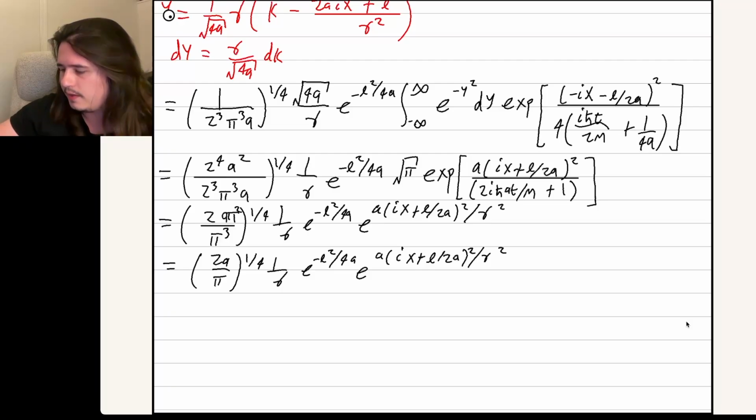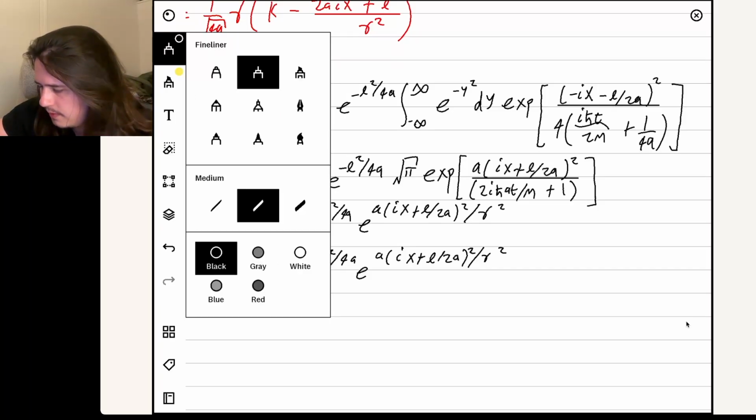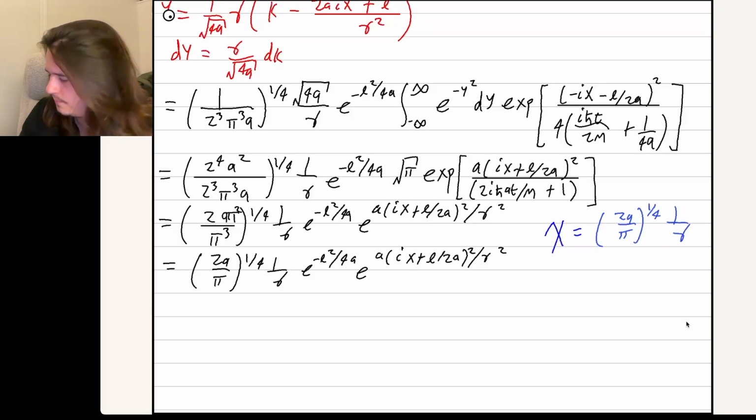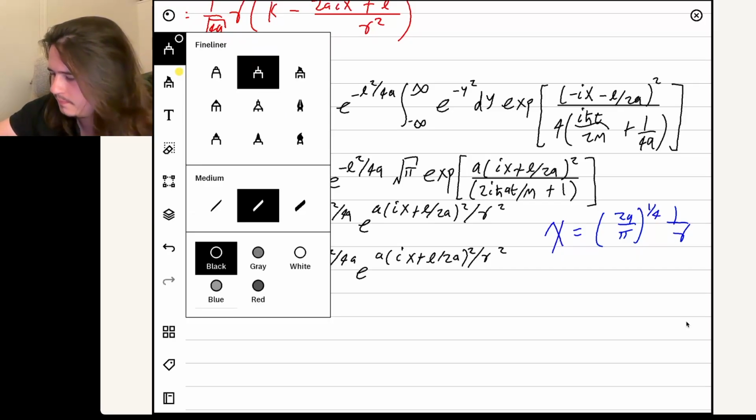So I don't have to write the 1/4 thing over and over again, I'm now going to define a variable which I'm going to call chi for no reason, of just the prefactor thing. Chi is a lot simpler to write than all that.